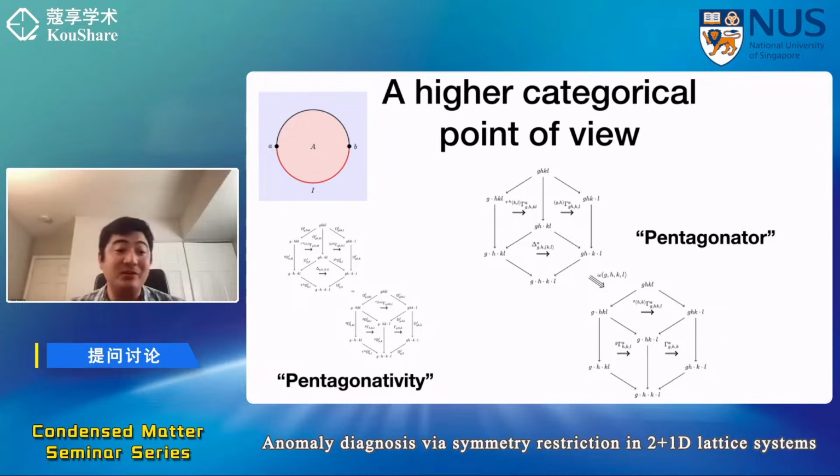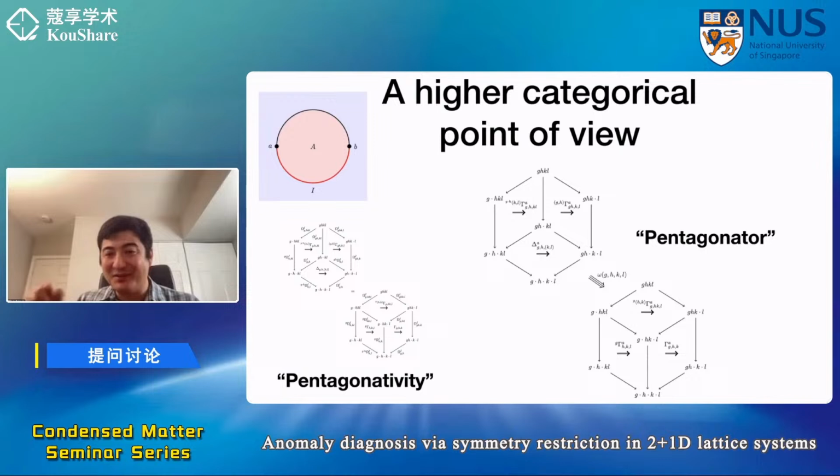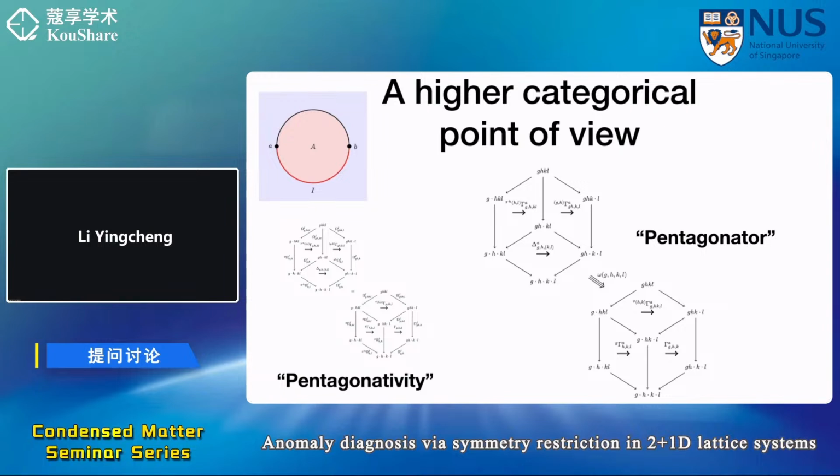Yeah, absolutely. This is work that's not published yet, but Michael Levin, Wilbur Shirley, and I are working on it. There's a way to move domain walls very carefully that imitates one way of doing associativity versus another, and they're related by a pentagnator, which is this phase. So we are working on that.